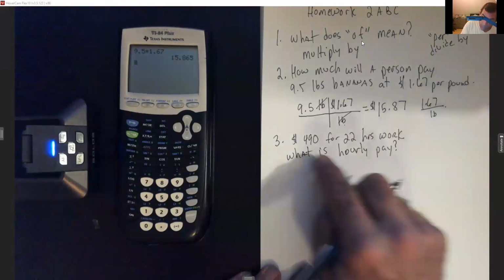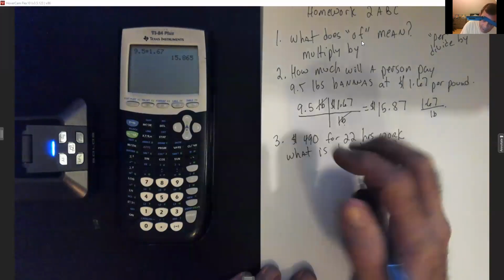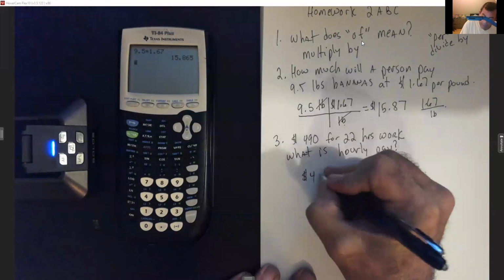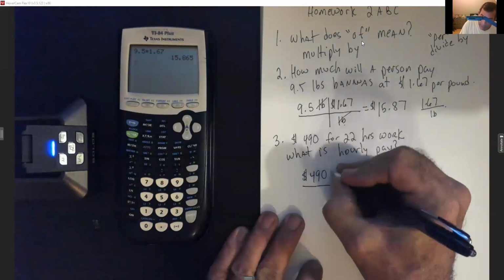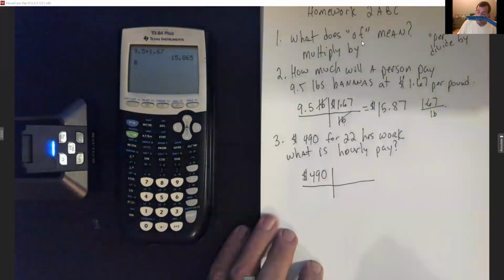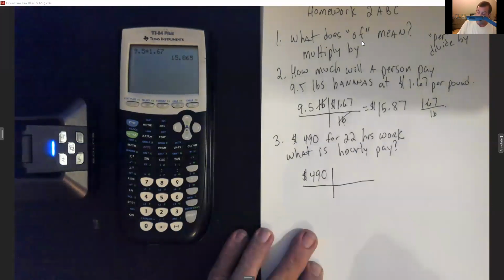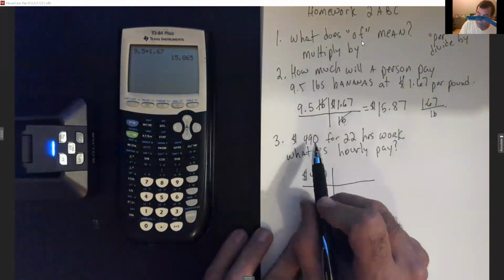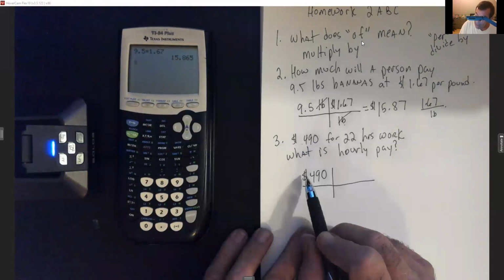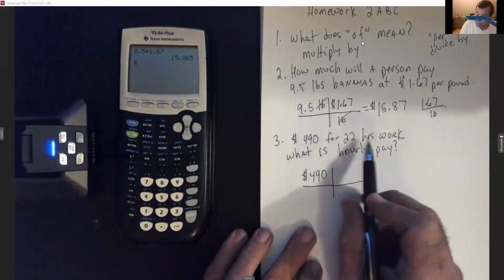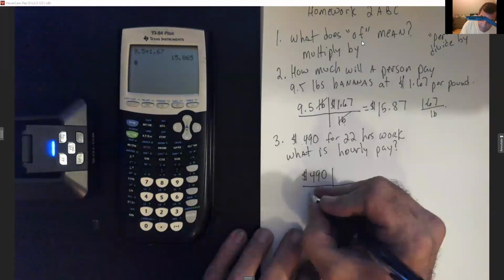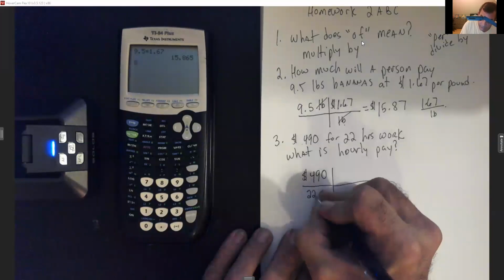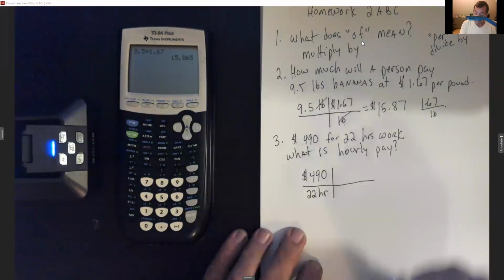So we're going to take that 490 and set it up. Now, all we know is that he made $490 and he had 22 hours of work. So that was for 22 hours of work, right?